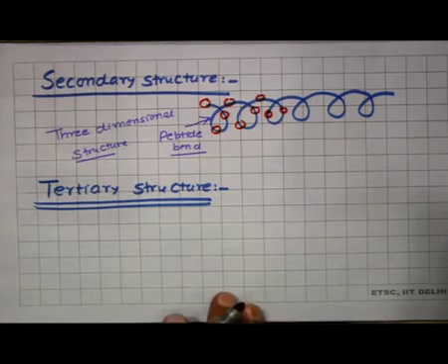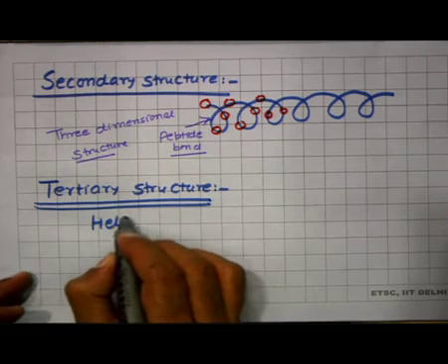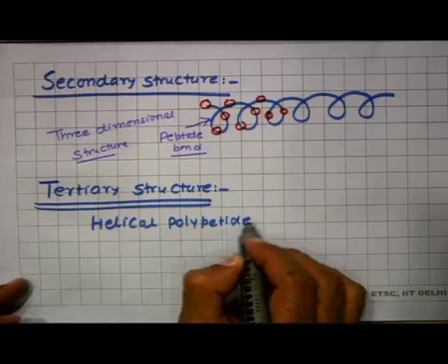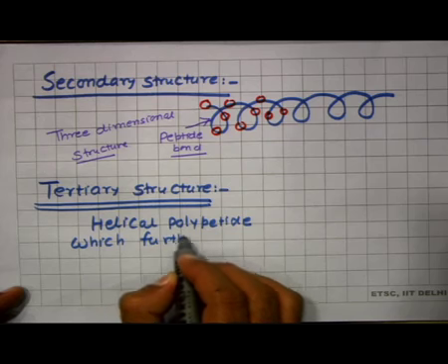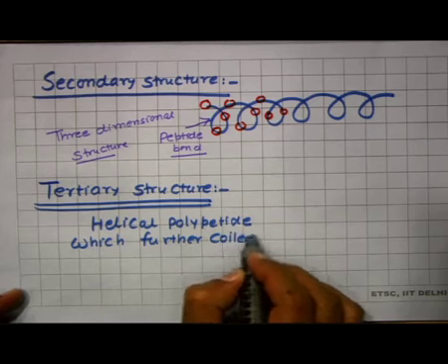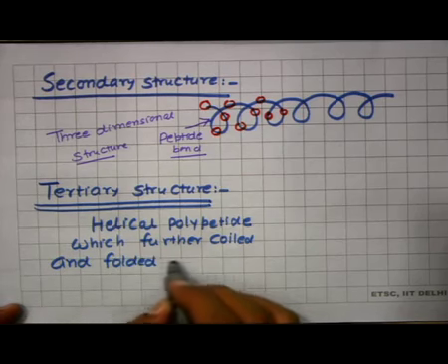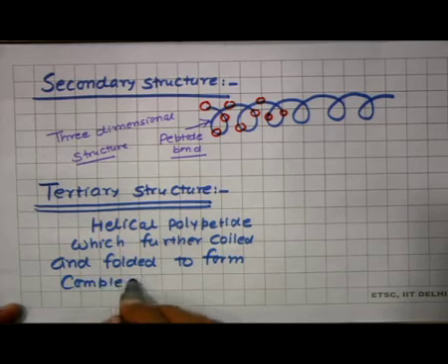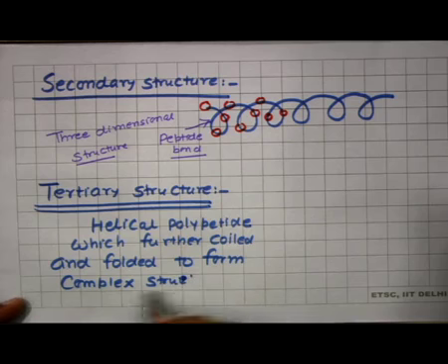The tertiary structure of protein is the helical polypeptide which is further coiled and again folded and folded to form a complex structure. It forms the complex structure, that is called the tertiary structure.